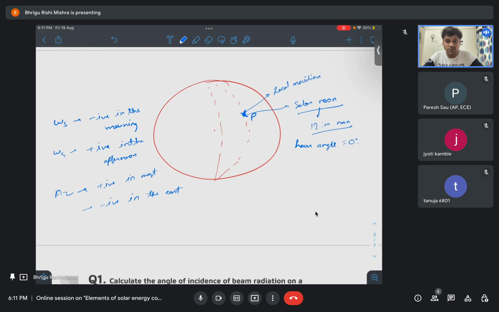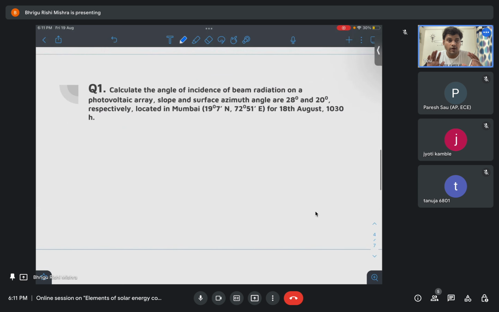these terminologies. Then only you can calculate the solar incidence angle correctly, because our main goal is to calculate the incidence angle, because any device which we will put on a certain location, we want to utilize the maximum amount of solar energy coming on that particular location.